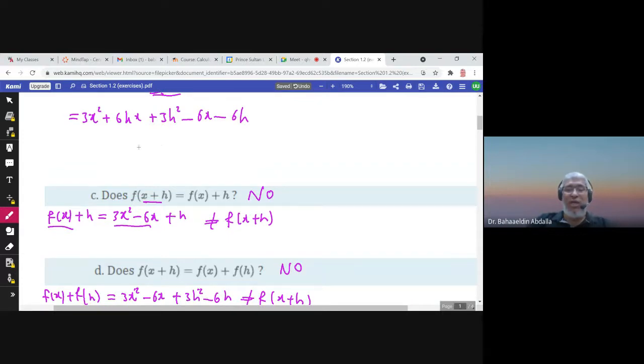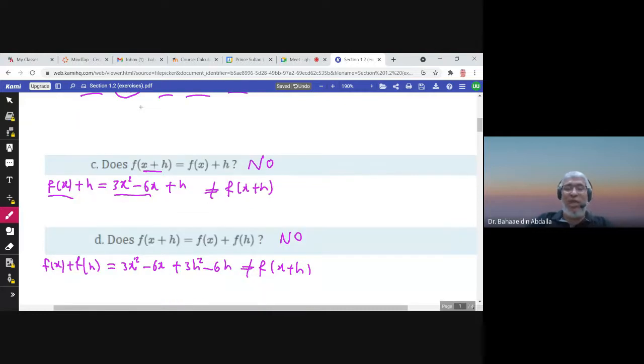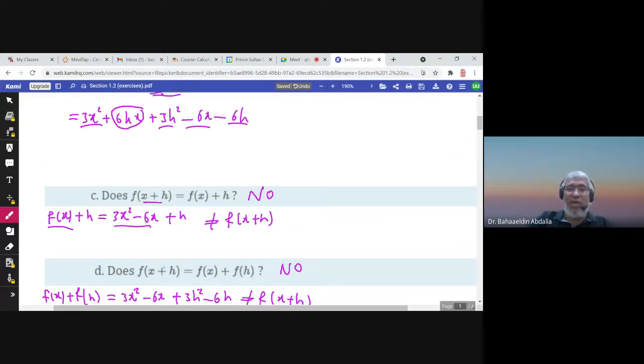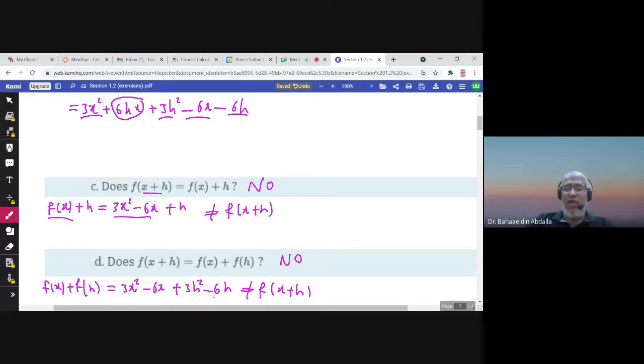It has 3x squared, I have 3x squared here. Minus 6x is here and here. 3h squared also here and here. But this term now, which is 6hx, does not appear here. So they are not equal. f of x plus f of h is not equal to f of x plus h.